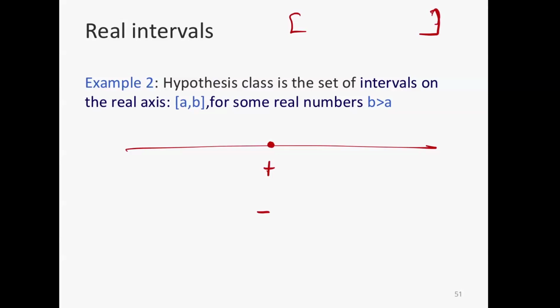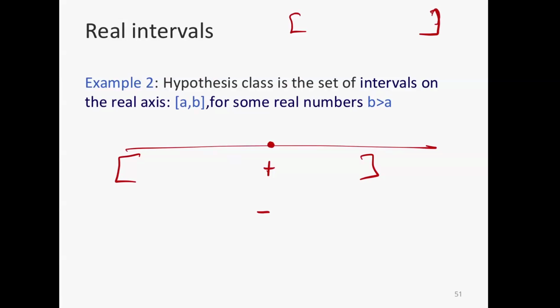Okay, what do you do when it's a plus? Where do you put the interval? You put A and B on both sides. Something like this. Or if you are feeling more ambitious, maybe even this. Doesn't really matter. There are an infinite number of things. As long as A and B are on either side of the point, it contains the point. That means that point will be labeled as a plus.